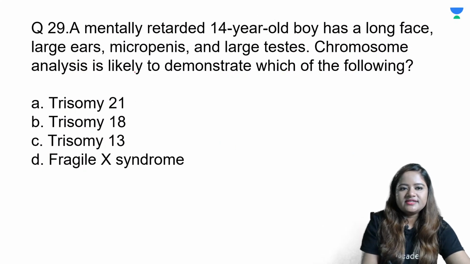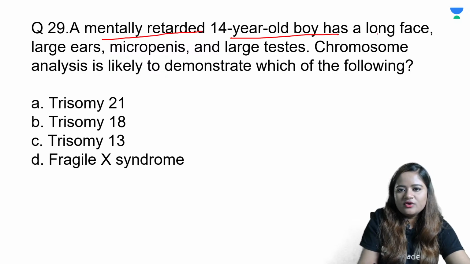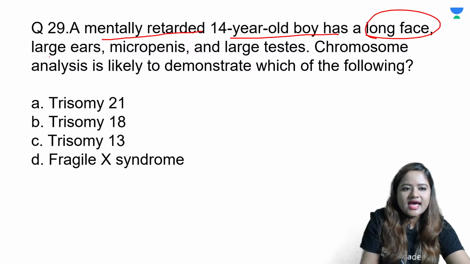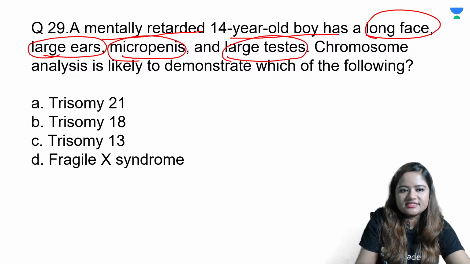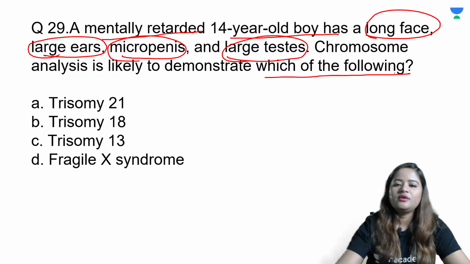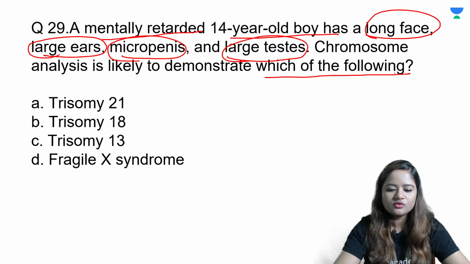Okay, question number 29. There's a mentally retarded 14-year-old boy who has got a long face, has got large ears, has got micro penis and a large testes. Chromosomal analysis would demonstrate which of the following. So which syndrome is being talked about over here?